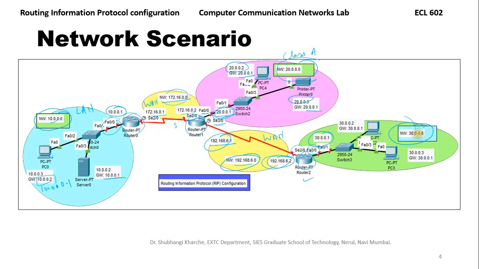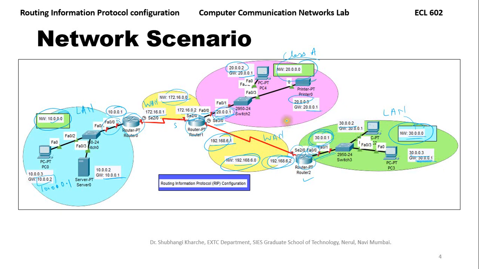The other IP addresses belonging to this same network will be configured on these end devices. So the addresses here will be 30.0.0.2 and 30.0.0.3, and the gateway IP address for these end devices in this local area network will be 30.0.0.1, as the fast Ethernet interface IP address is 30.0.0.1.